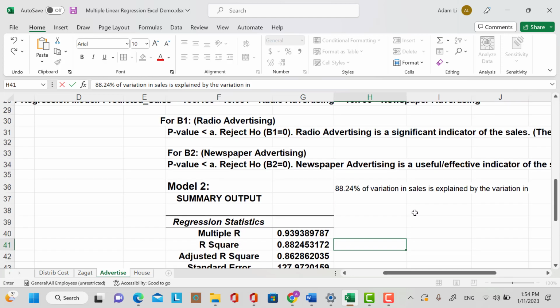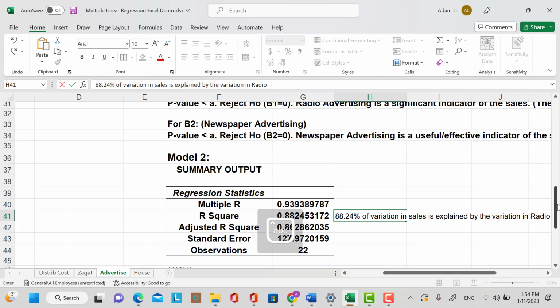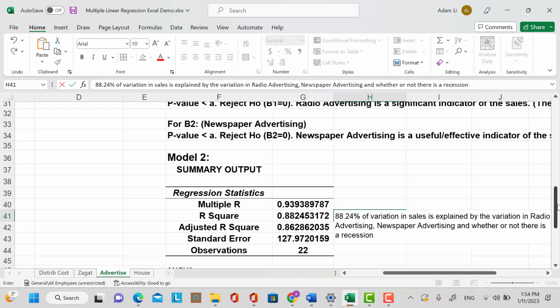The first one is radio advertising, the second one is newspaper advertising, and the third one is recession, whether or not there's a recession. Okay, so that's basically how we interpret the R square.